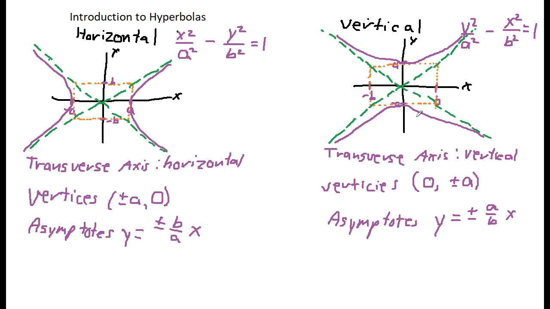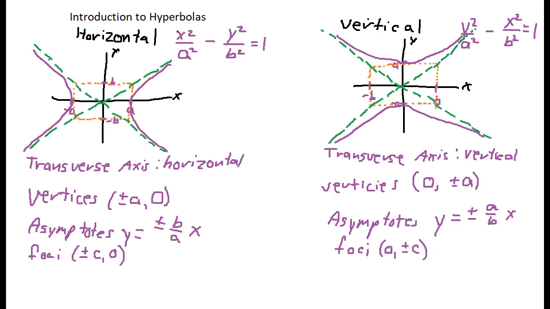All right, now what we need to find are the foci. Your foci for the horizontal are at plus or minus c, comma, 0. And for the vertical, foci are at 0, comma, plus or minus c.